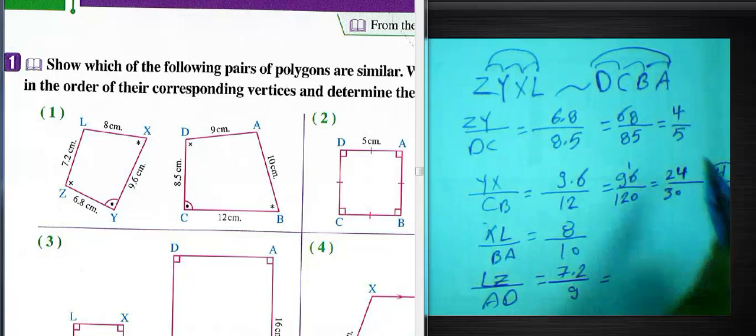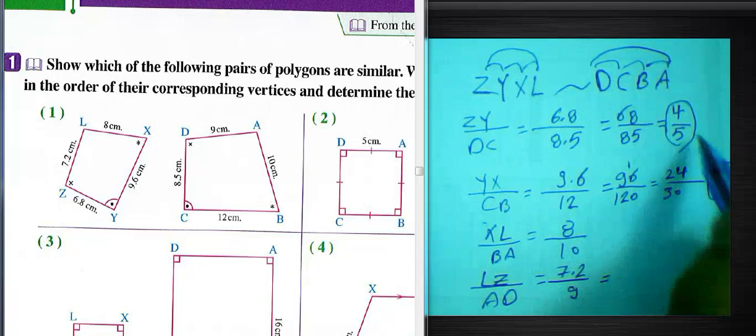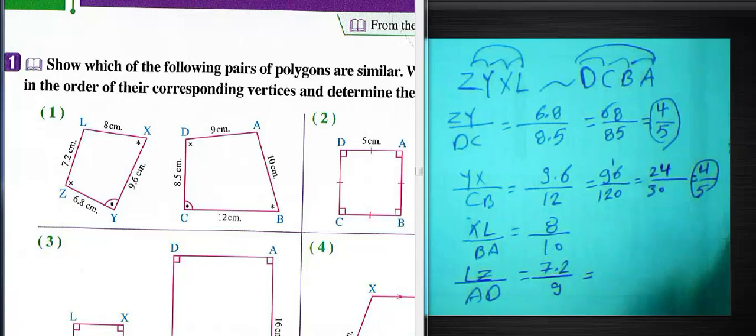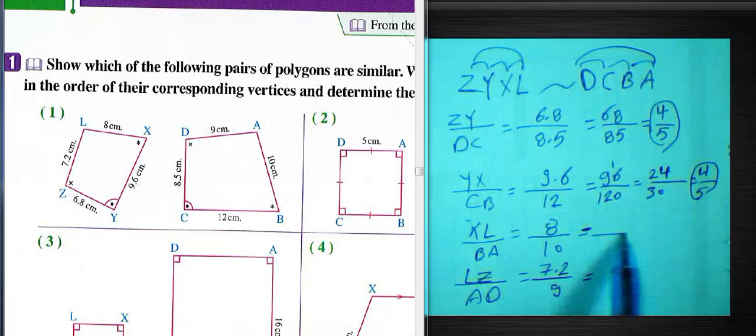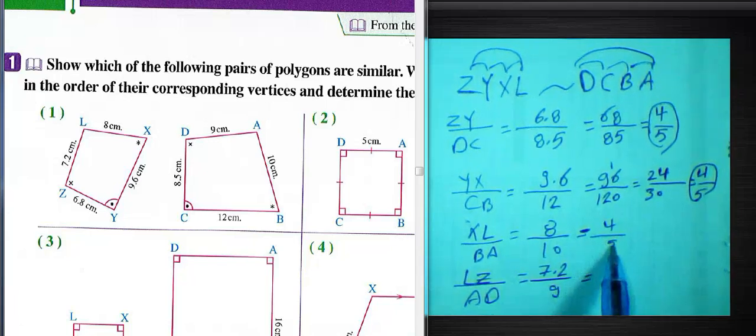So we have the proportion 4 over 5 and 4 over 5.